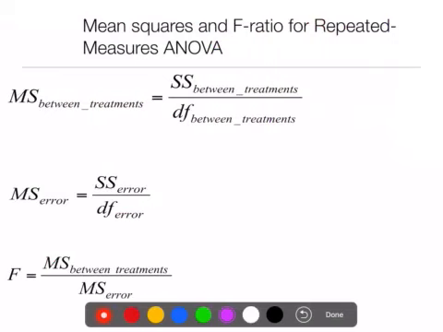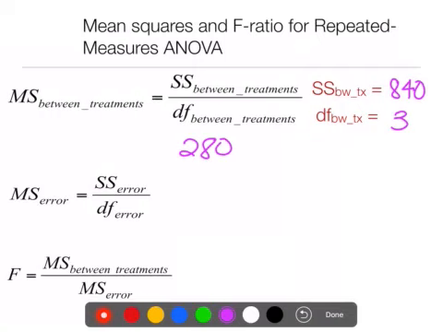Okay. So our sums of squared between treatments, we knew from before, was 840. Our degrees of freedom between treatments we calculated was 3. We'll do that math, and we get 280. We'll do the same thing for sums of squared error. We calculated our sums of squared error at 168, and our degrees of freedom error at 12.